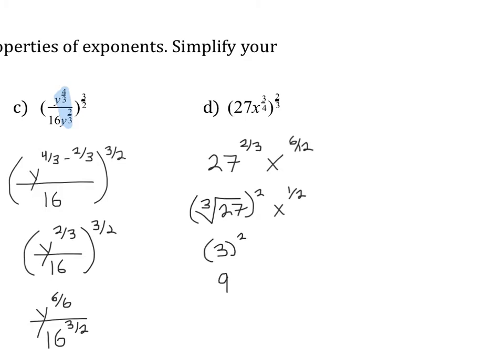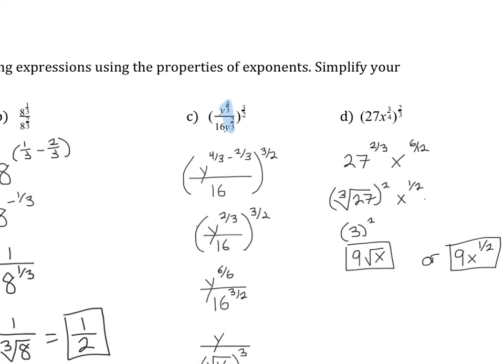And then we can leave this as x to the power of 1/2, or we could write it as the square root of x. Either way, we can't simplify it. So I think either way is fine. But please note that we can simplify 27 to the power of 2/3 by rewriting it as a radical.